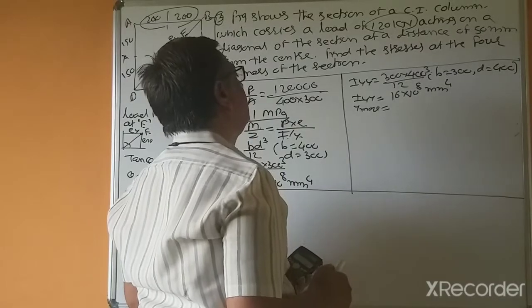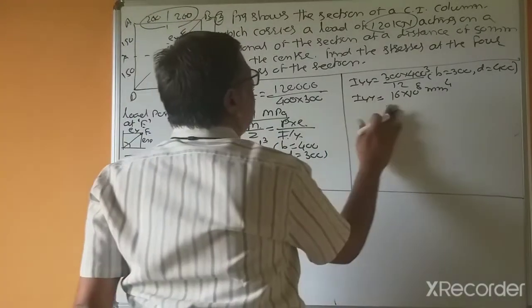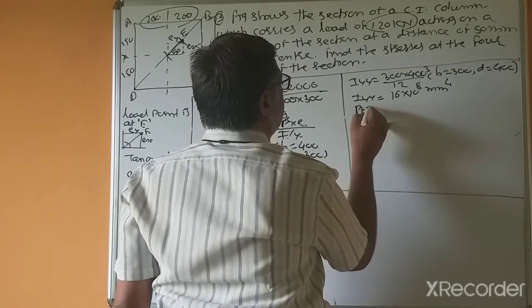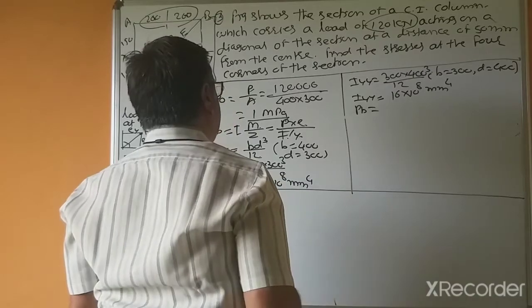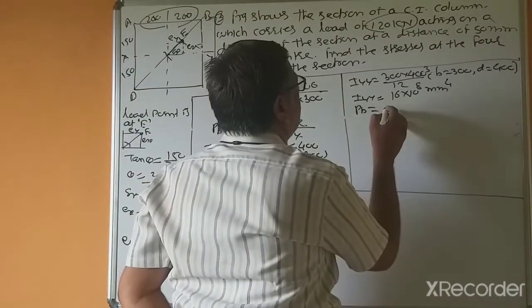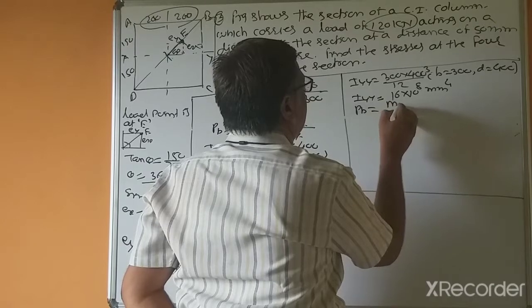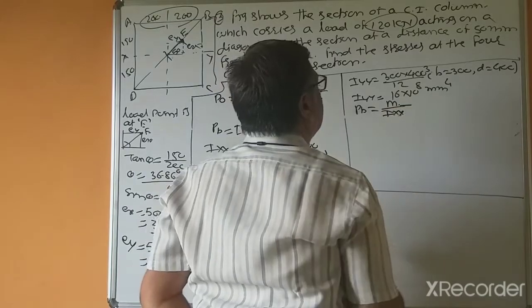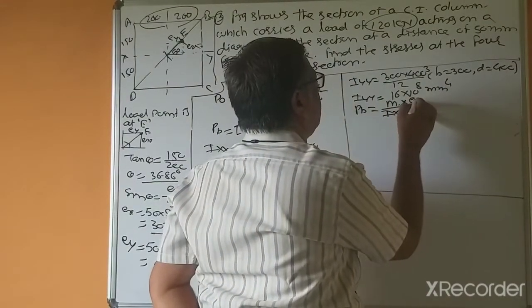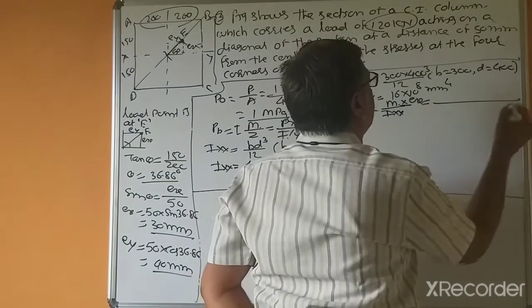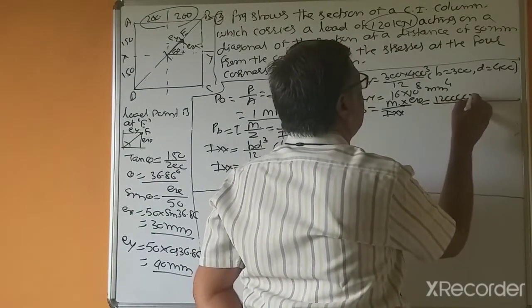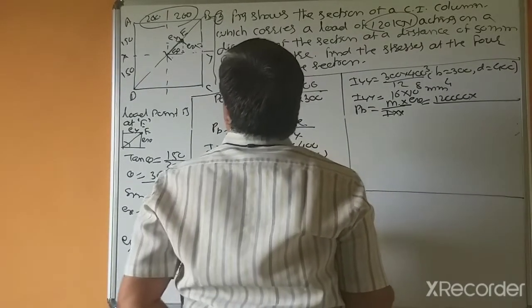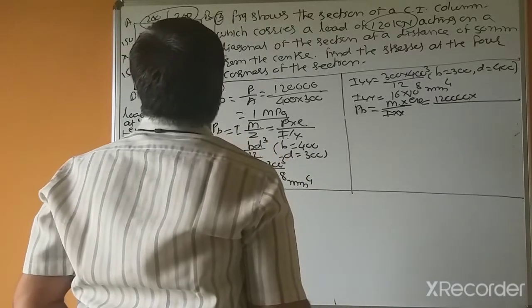Ymax equal to... now we will calculate sigma B, PB equal to M divided by Ixx multiplied by Ex multiplied by Ymax.